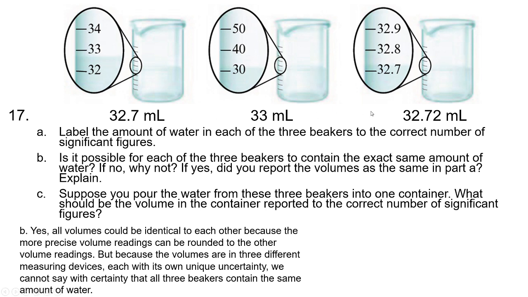So if I look at my measurement here, my least specific measurement is this middle one here, because you could have put 32, maybe you put 33. There's nothing after the decimal. So when I add these up, I want to make sure I round it so nothing comes after the decimal. When I add it up, I find that my answer here is 98.43, but again, I want to round it to significant figures, and that would just be 98 milliliters.